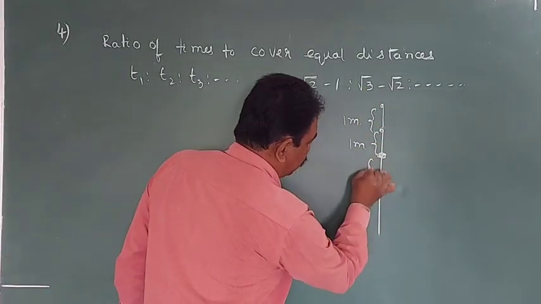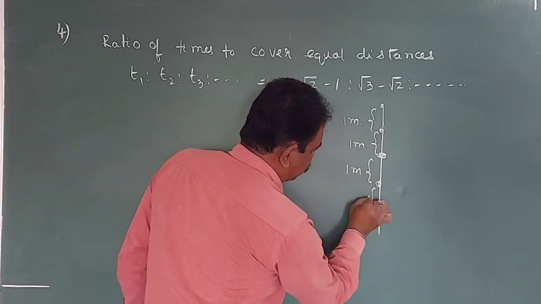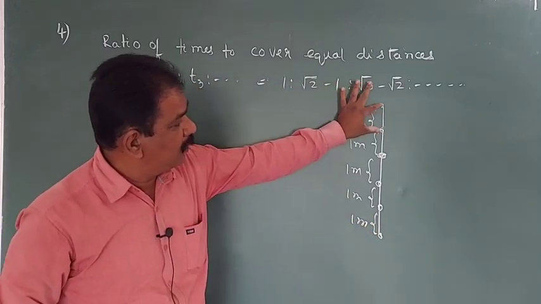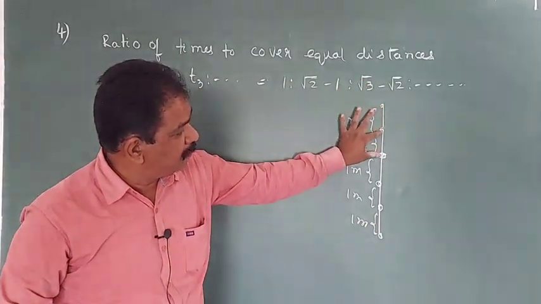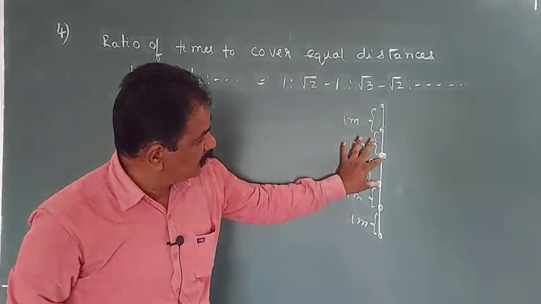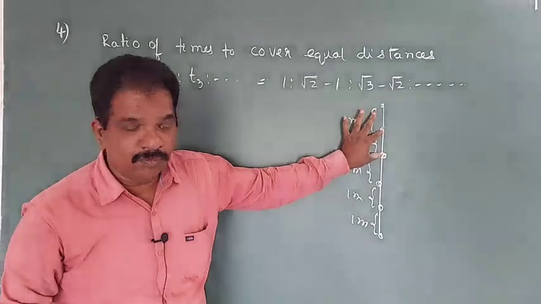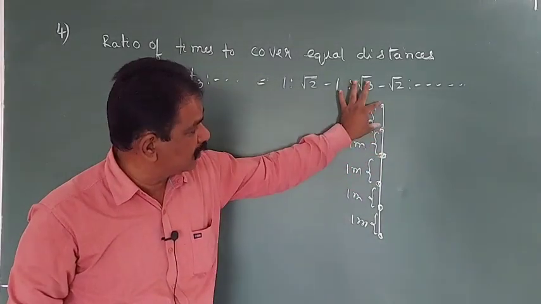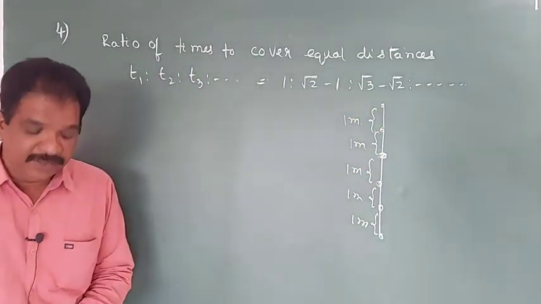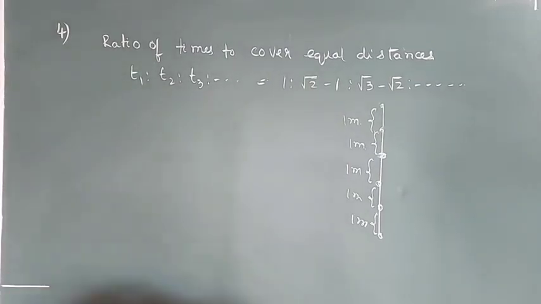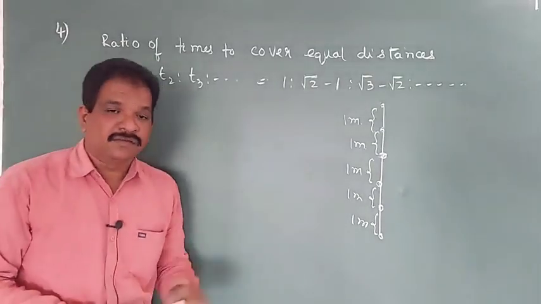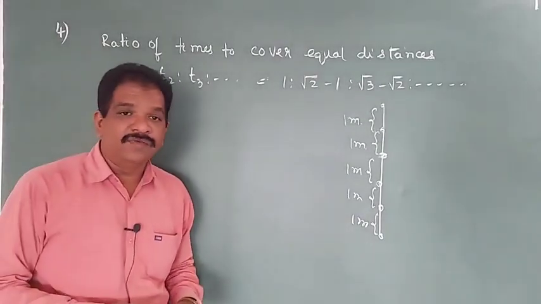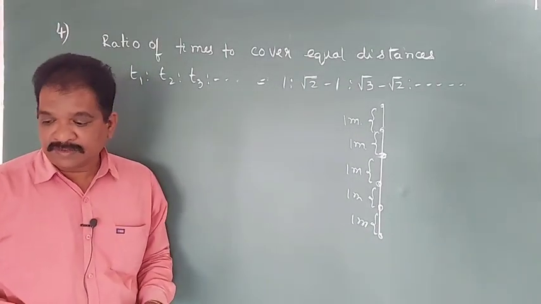Again the next 1 meter to cover, again the next 1 meter. If you observe, the time to come from here to here will be more compared to this. Compared to this third meter, this time will be more. To cover this 4th meter, this time will be less compared to this or this or this. Gradually that time will decrease because the velocity of the body increases when it is coming down. What is the ratio of the times to cover equal distances? That is the question here.